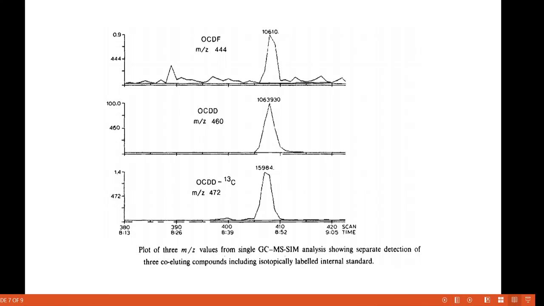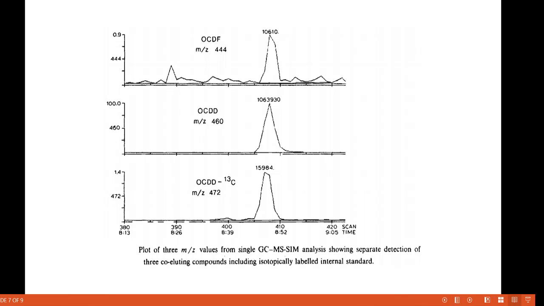In the previous case, we observed the peaks B, D and F. So here the G peak is observed in this figure.